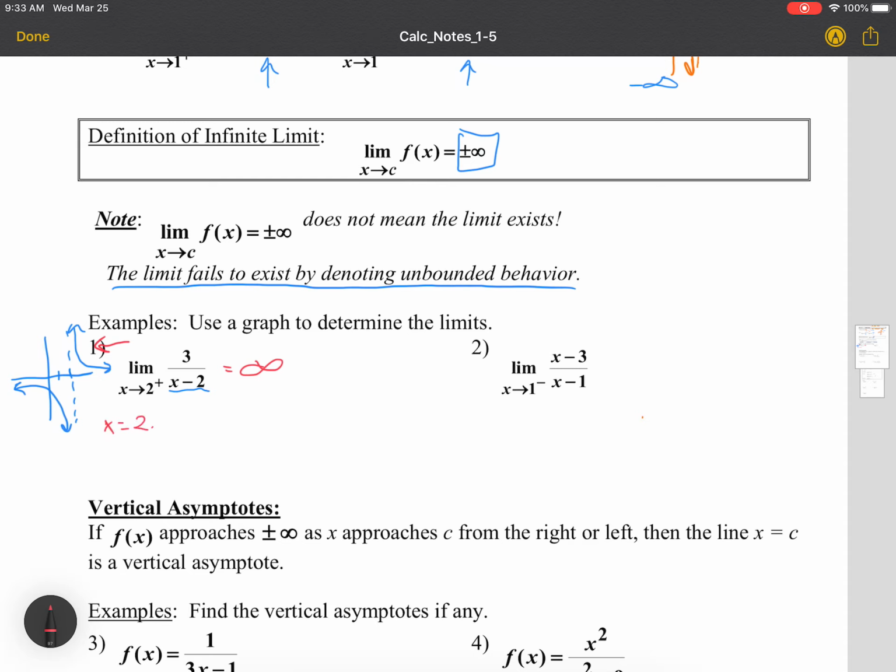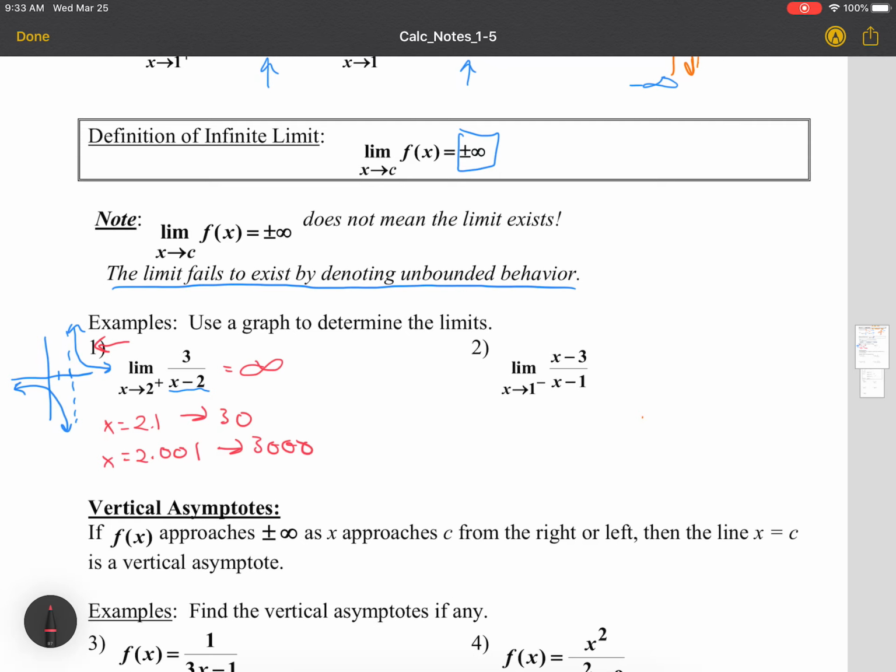If we check x equals 2.1, that's going to take us to 30. If we check x equals 2.001, we're getting even closer to 2, and that's going to give us 3,000. You can see that these values just keep going up, up, up as we get infinitely close to 2.